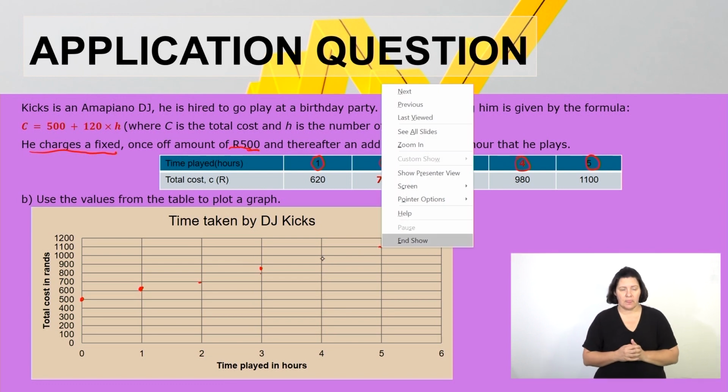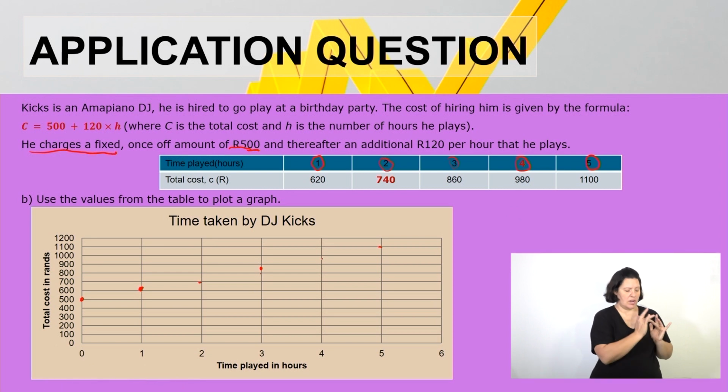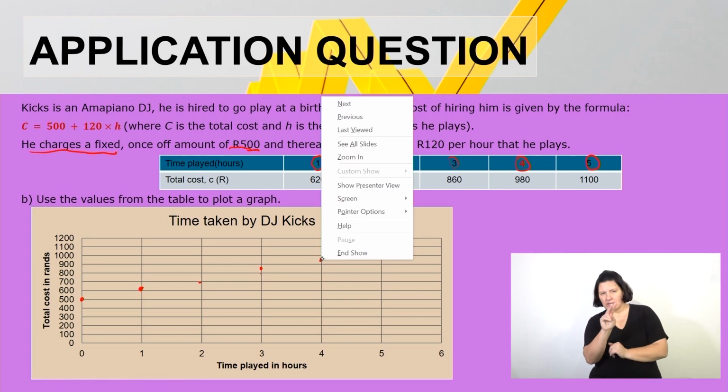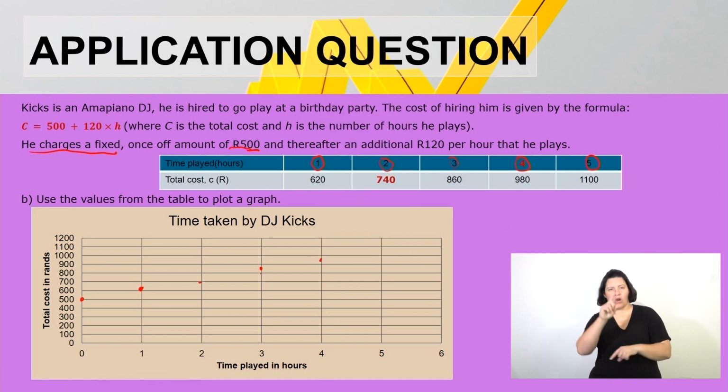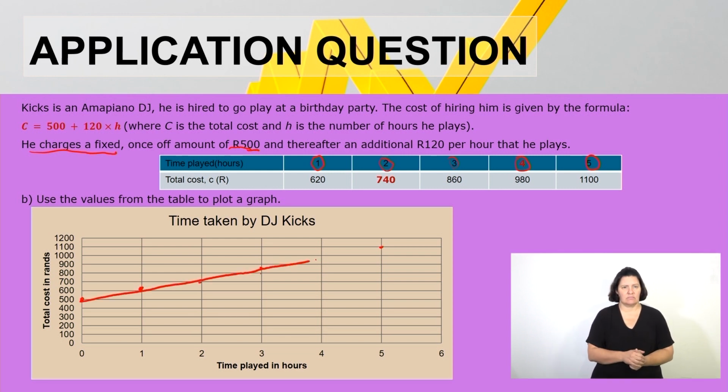So let's connect our dots so that we can see what type of graph this represents. Because they were going up, we should get that nice straight line graph over there. When you connect the dots, it will go up like that. So there is that increasing relationship over there.